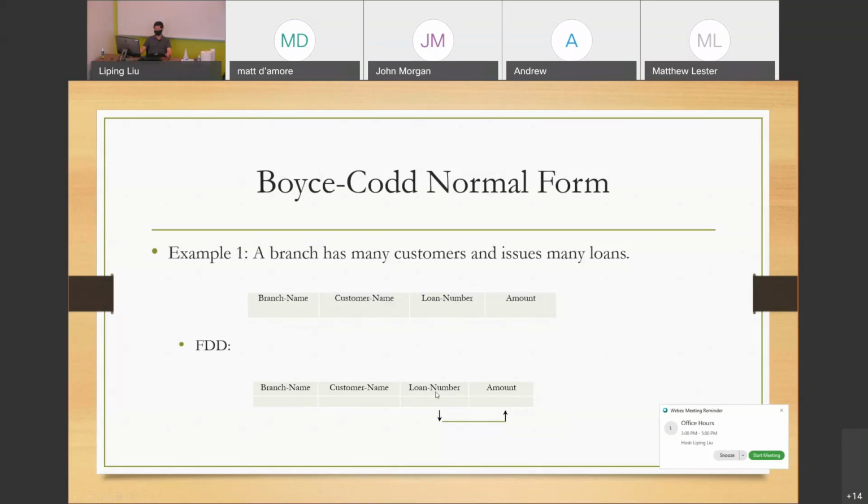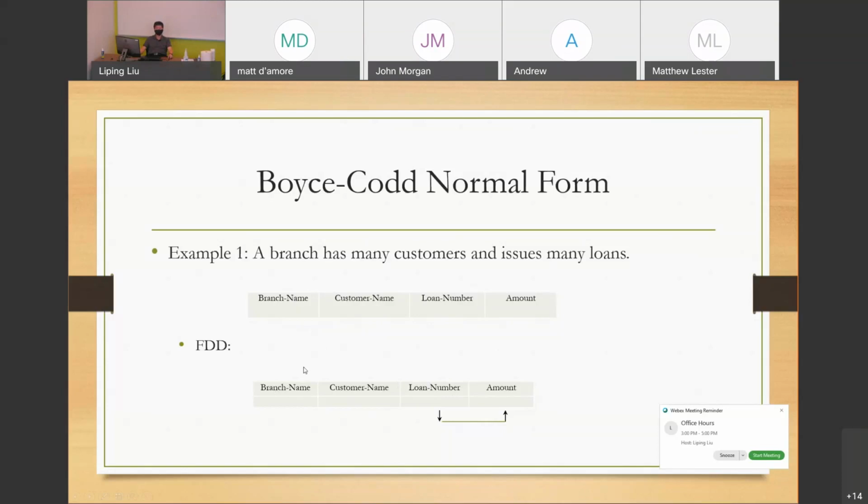If I tell you the loan number, will you be able to tell the branch name? That also depends on whether each branch issues loans independently or not. If they issue independently, for example, the Akron branch can issue a loan with loan number 101, and the Fairlawn branch can also issue another loan with loan number 101, right? Then loan number cannot tell the branch. So this loan number is not a key for this table.